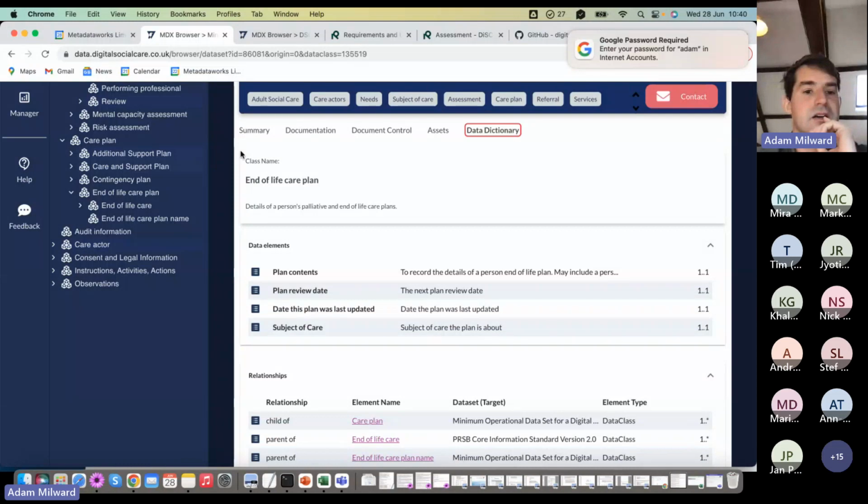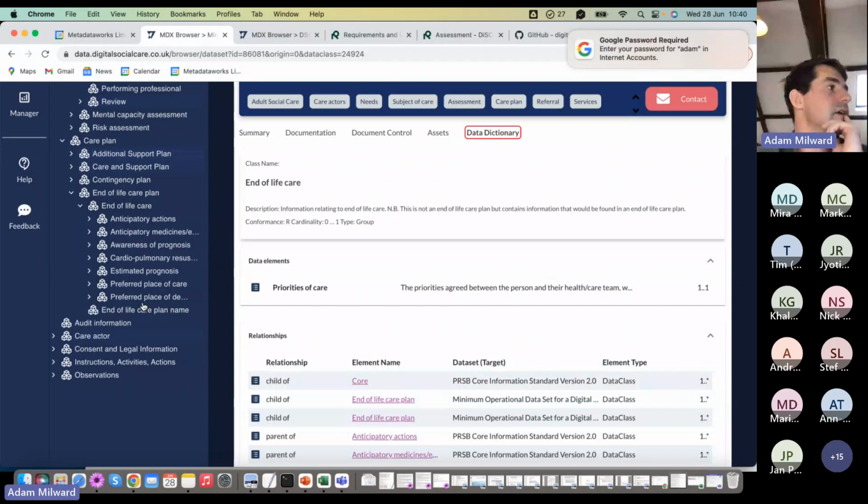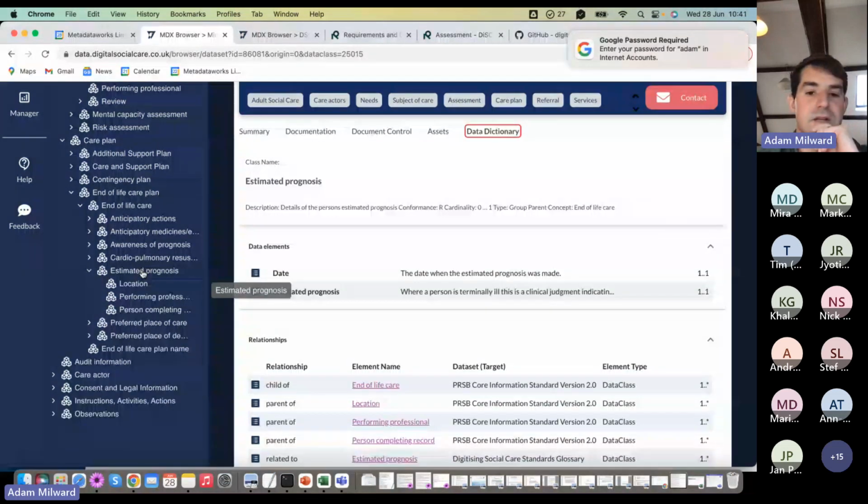For the person completing the record, we could potentially just link through to that. I think we've got some information on estimated prognosis.